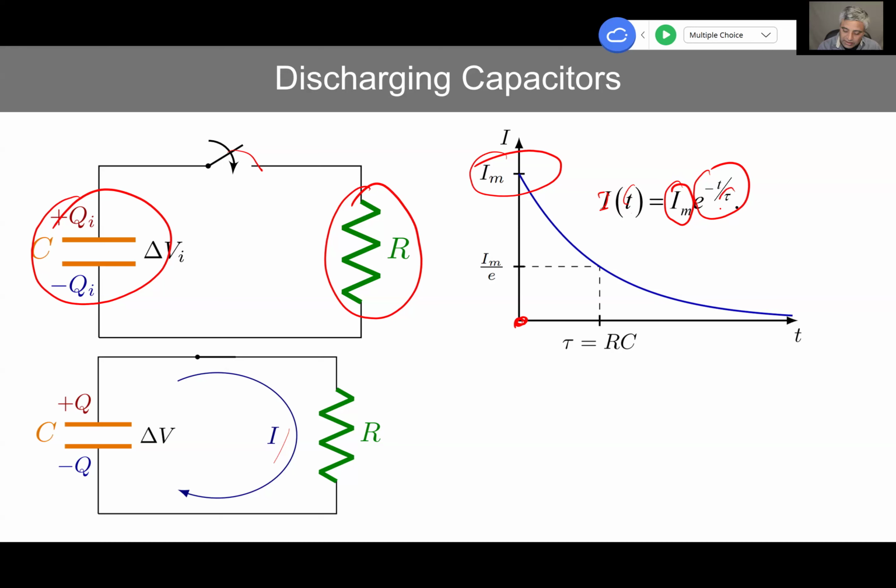And there you see this is time, of course, but this is what we call the time constant. So this time constant depends on the value of resistance you have connected and the capacitance of the capacitor. So the product of these two gives you what we call the time constant.